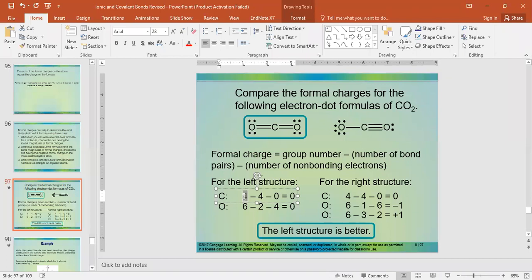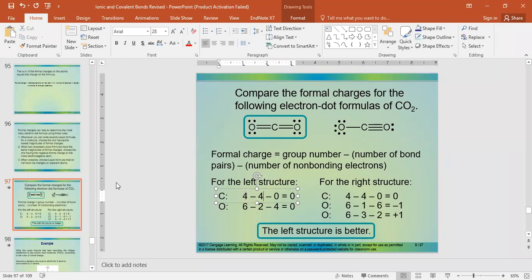Then we subtract half the number of bonded electrons. That is the same as counting how many bonds are here: 1, 2, 3, 4. This carbon has 4 bonds, so it's just like counting the number of bonds attached to that particular atom.